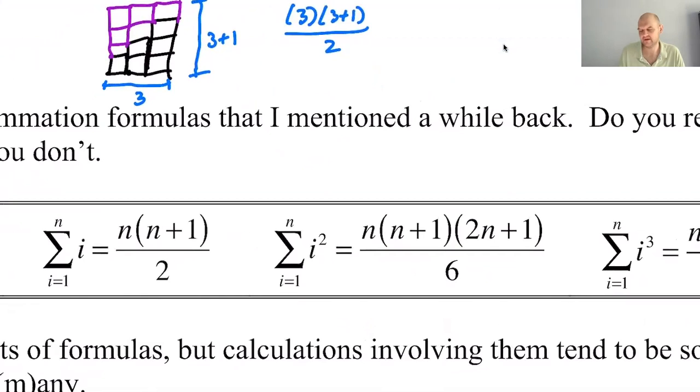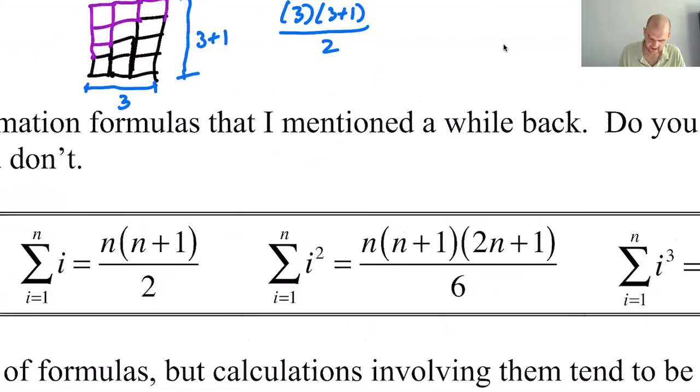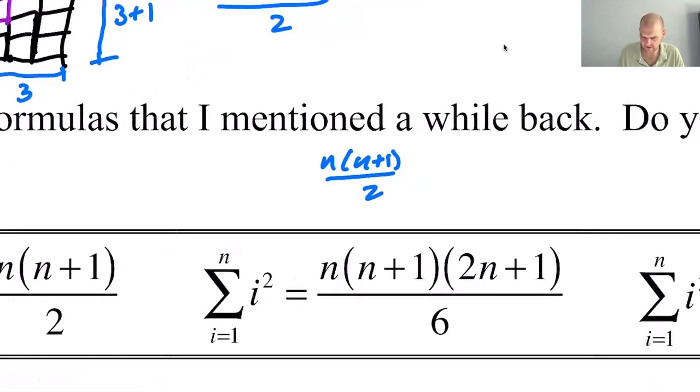Now the sum of i squared. I have a bizarre way of remembering i squared. It's n times n plus 1 times 2n plus 1 over 6. The way that I remember it is, first you have to remember this one, n times n plus 1 over 2. And then you multiply the top by the most generic odd number that you can, and the bottom by the next odd number, right?